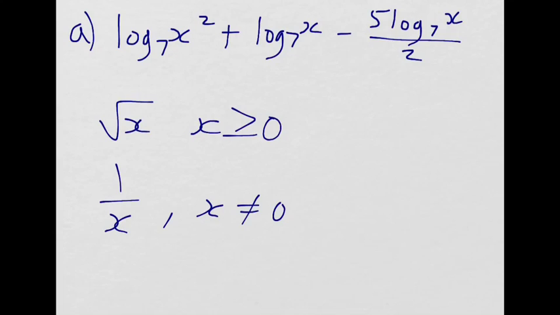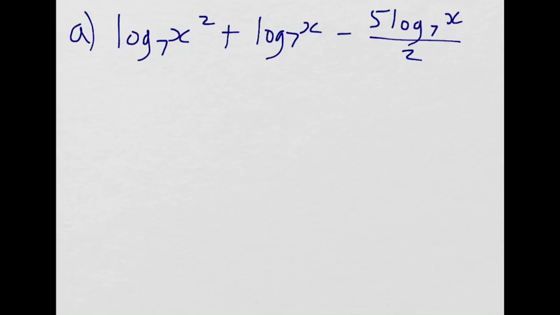So I want you to think, just maybe think about the first term there. What can x not be? This is in exponential form. 7 to the power of something equals x squared. What can this not be? I raise 7 to a power. What kind of numbers can I not get?